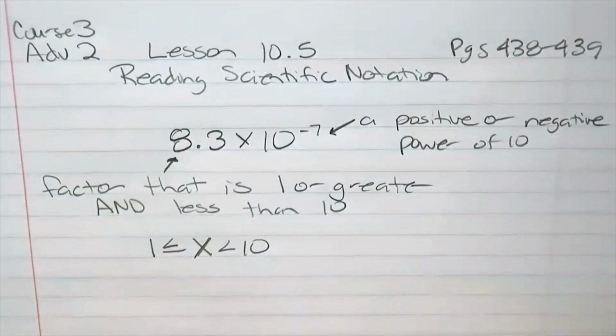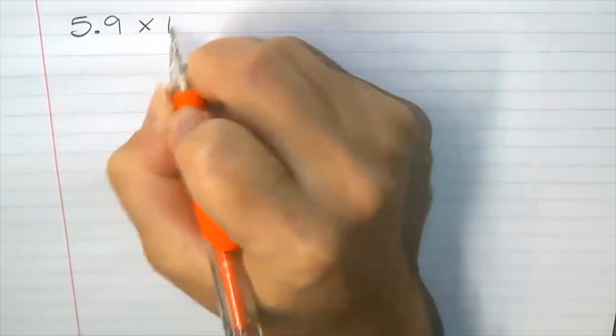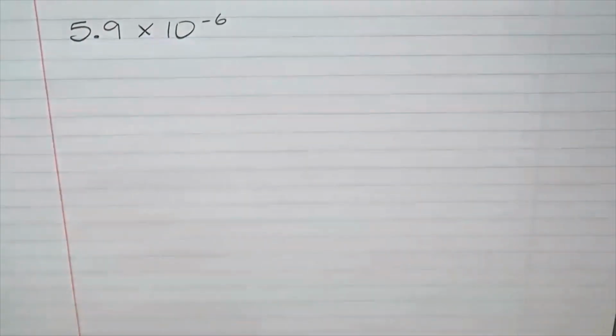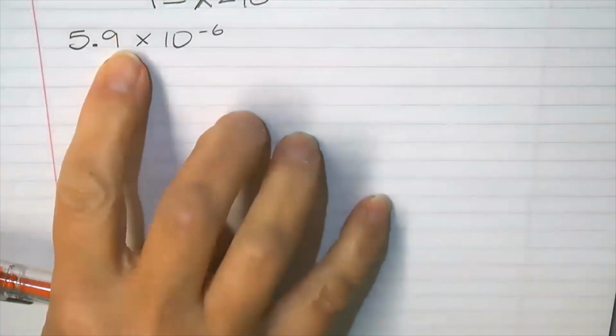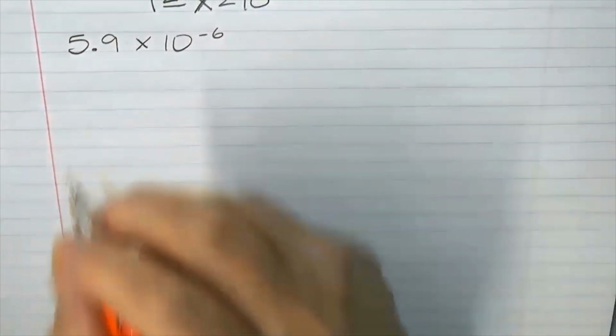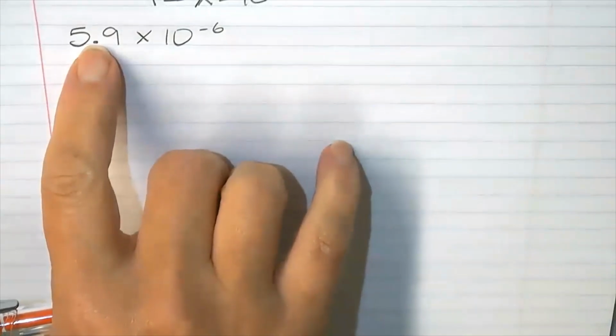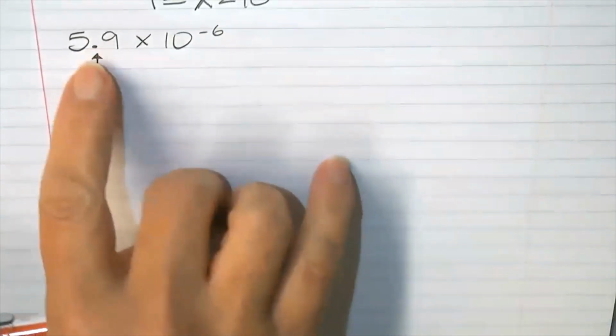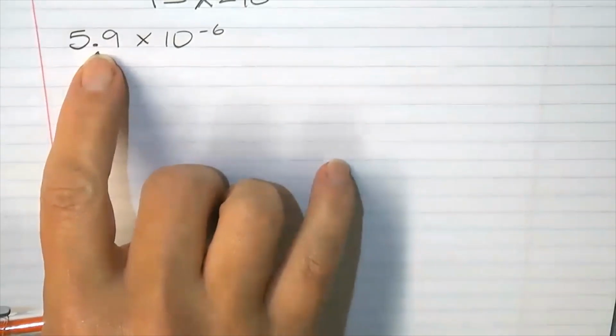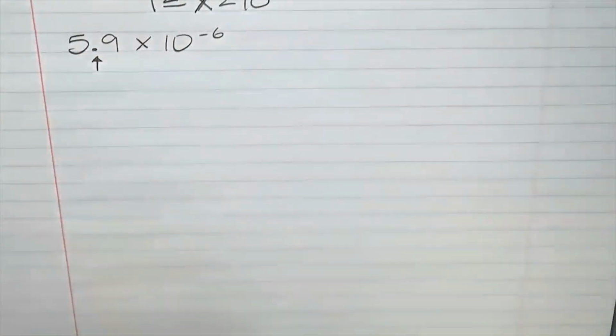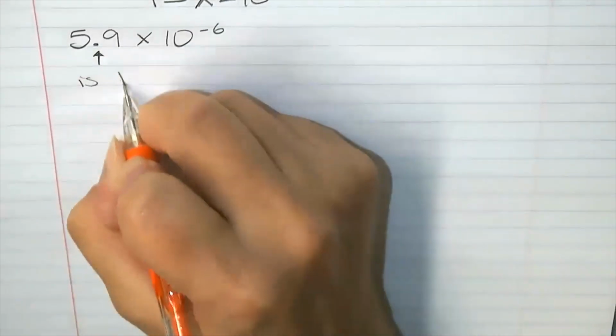So the first thing I want to do with you, let's talk about whether these are written in scientific notation or not. 5 9/10 times 10 to the negative 6. Is this written in scientific notation? Well, the first thing we need to ask ourselves, is this factor between 1 and 10? Yeah, it is.